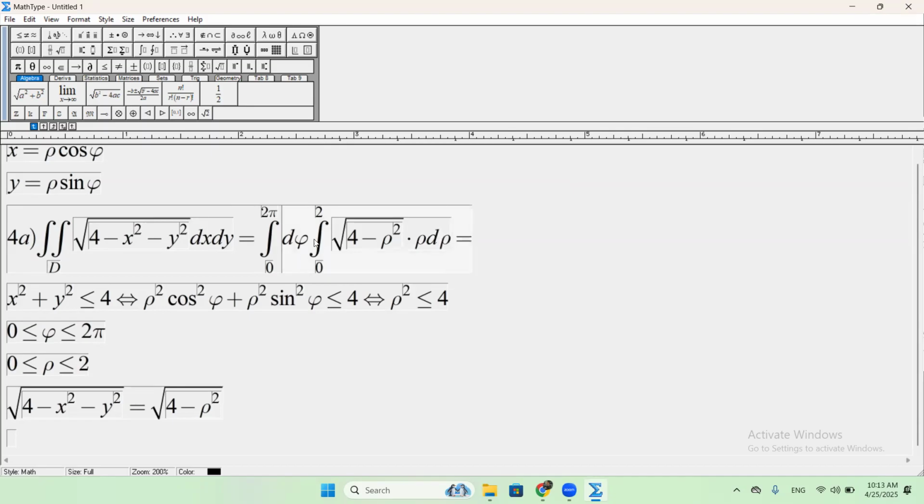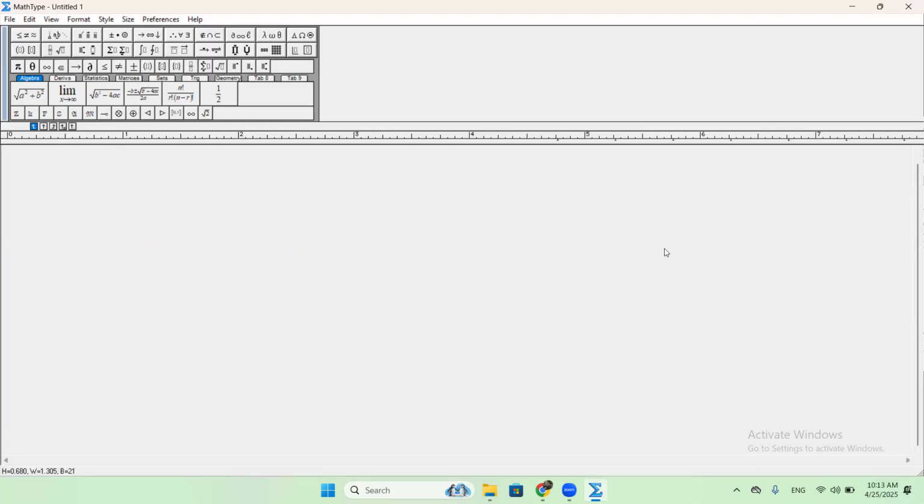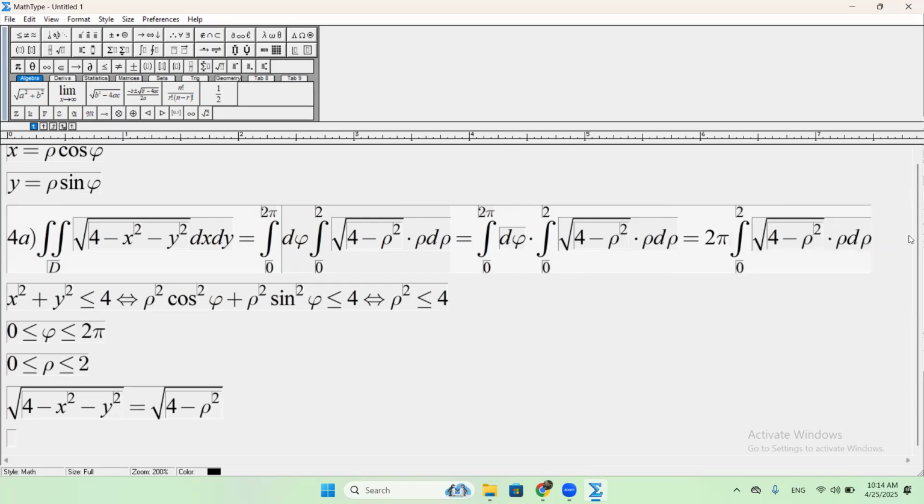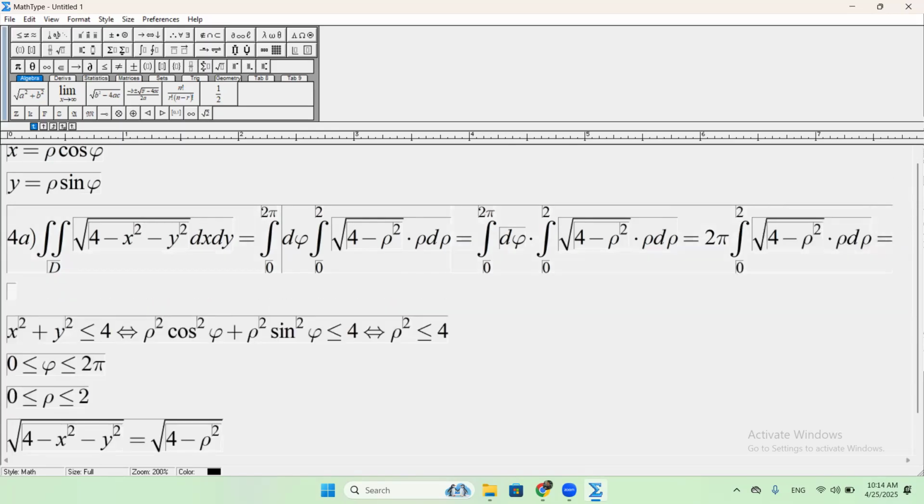And as we can see here, we can split this integral into the product of two independent integrals. So let's do it. In this case, we have 2 pi multiplied by this integral. And here we will use the differential technique.